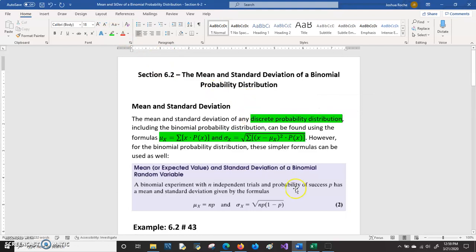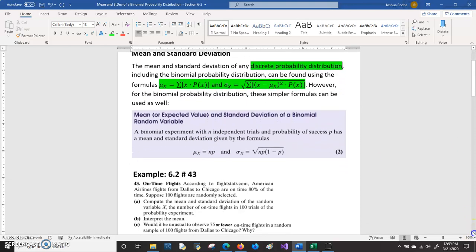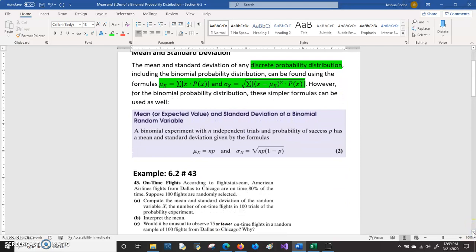So that always works, but it turns out that for a binomial distribution, there's a simpler way to find the mean and standard deviation, and it's these formulas. These are also contained in the book and in the slides. So here's the mean and the standard deviation.